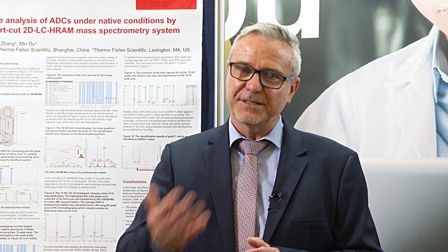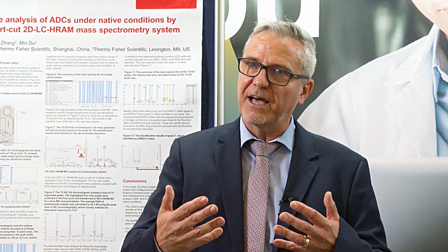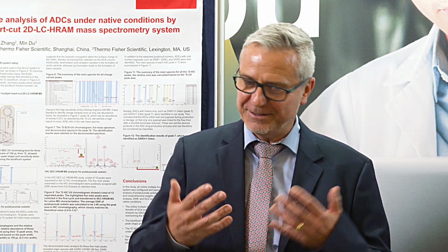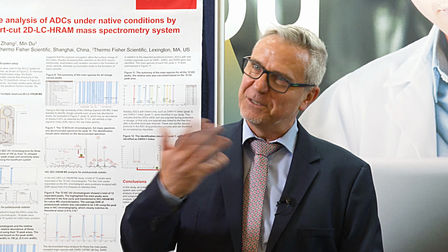That means in the size exclusion chromatography of the second dimension, the larger molecules are eluted first, and without the disturbing salts, they run into the mass spec, and the salts come later and can be diverted to waste. So that is the idea of it.